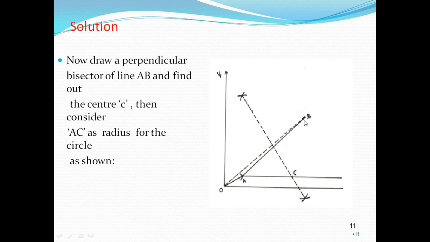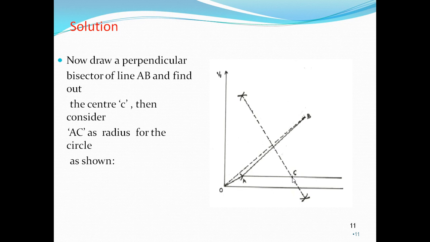With the same radius, with B as center, draw another arcs on both top and bottom. You will get the intersection points, and join these two intersection points, which cuts this horizontal line at a point C.